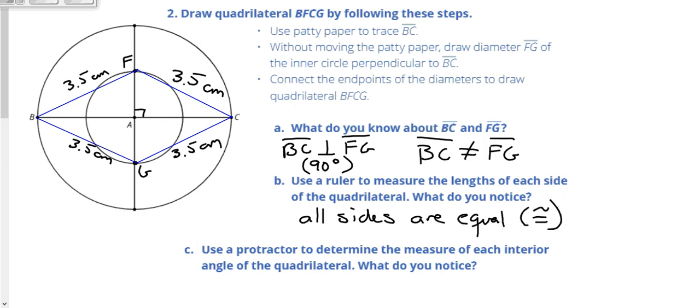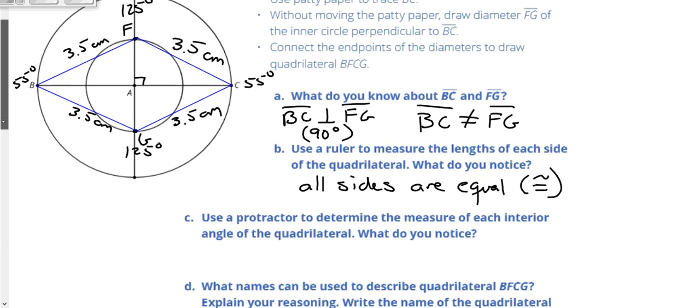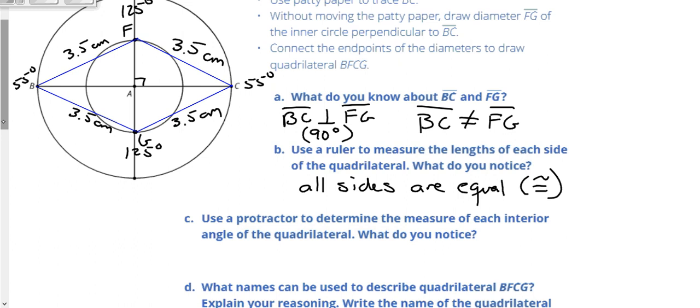Okay, all right, and then they ask you to use a protractor. I'm not going to make you go through and use a protractor, but this one is about 125 degrees. This one over here is about 55 degrees, 125, and 55 degrees. So what do we know about the interior angles? Well, we know that opposite angles are congruent. We know that there are no 90-degree angles in here.